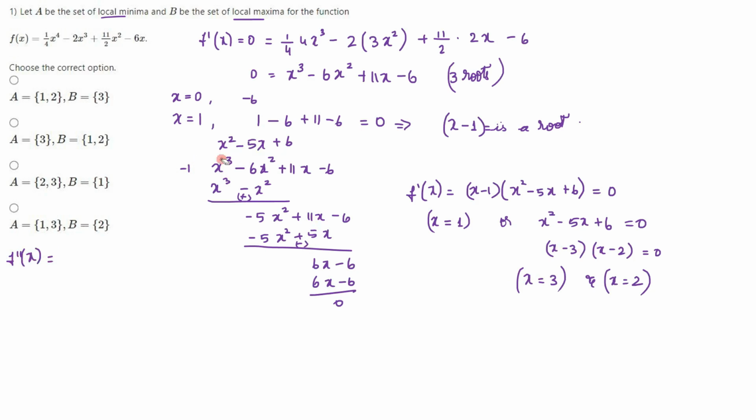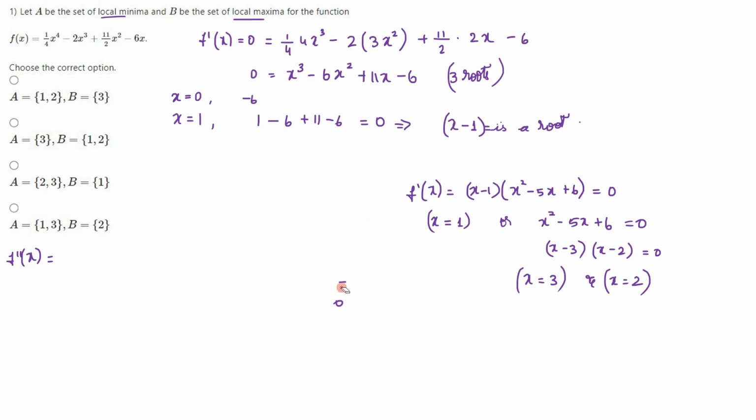I'll write here itself. f double dash of x is nothing but the derivative of this equation, right? So that is 3x square minus 6 into 2x plus 11, which is 3x square minus 12x plus 11.